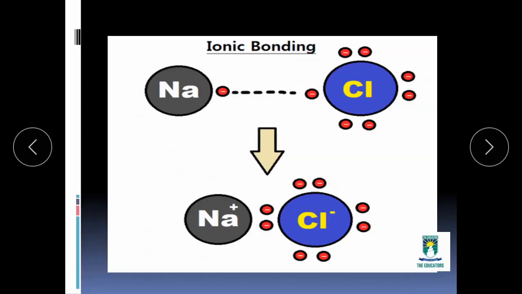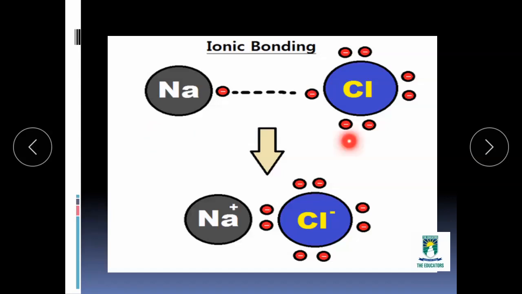Ionic bonding. Students, let's take an example of NaCl. As you know, in the case of NaCl, sodium has atomic number 11, whereas chlorine has atomic number 17. For sodium, the first shell will contain 2 electrons, the second will contain 8 electrons, and there will be 1 electron in the outermost shell.